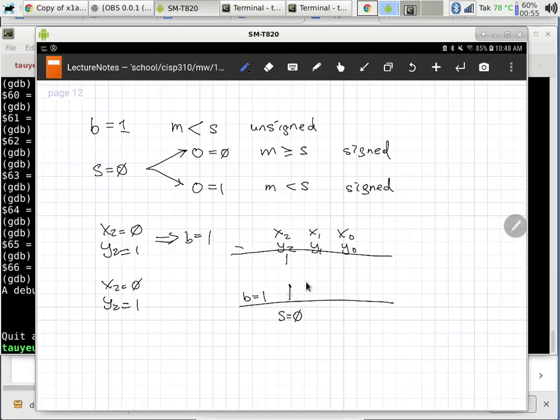So that would generate the borrow over here. And what about x0, y0? They probably can be anything we want. So let's say this is x1, y1, x0, y0. We'll make them the same. So now I have a case to test, okay? I don't know whether it works or not, but we'll give it a try.